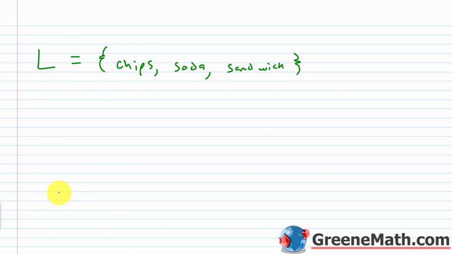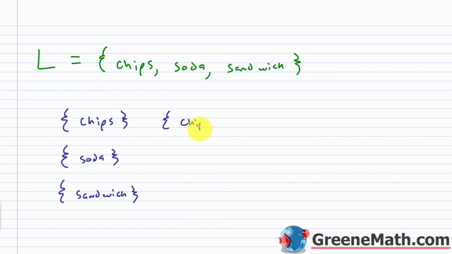Again, think about possible choices. What can I take out of the lunchbox? Well, I could take out just chips. I could take out just a soda. I could take out just a sandwich. Now, I could take out 2 items if I wanted to. I could take out chips and soda.